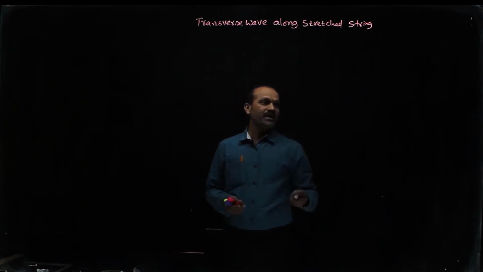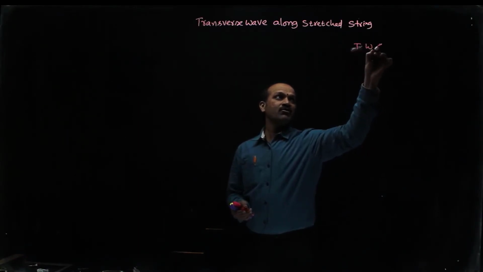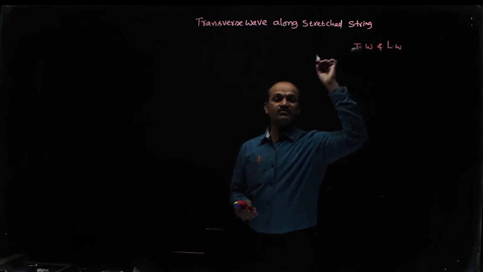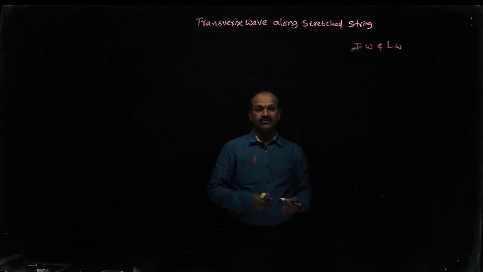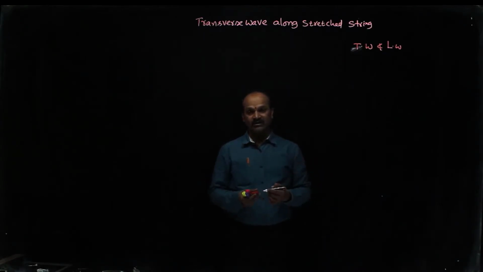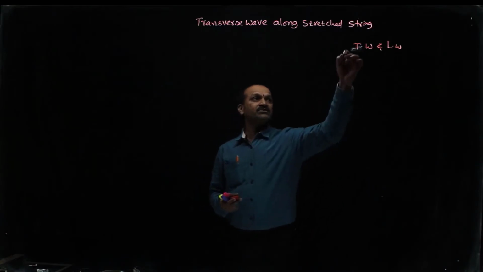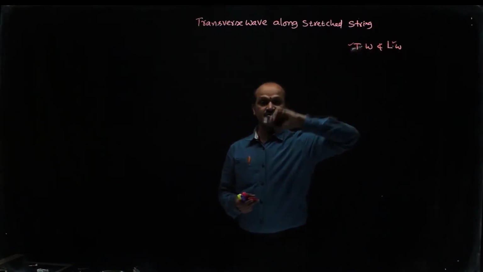Basically, in mechanical waves, we have two types of waves: the transverse wave and the longitudinal wave. Based on the particle displacement and wave displacement, if the wave displacement is perpendicular to the particle displacement, then that comes under transverse wave, and if they are in the same direction, it is longitudinal wave.